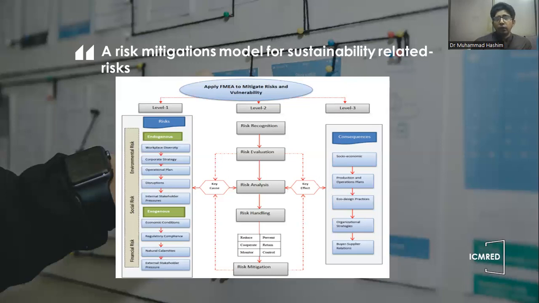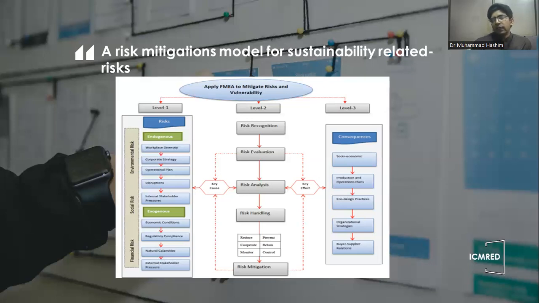Further, if we talk about the endogenous risk, here we categorize into further subtopics such as workplace diversity, corporate strategy, operational plan, occupations, and external stakeholder pressures. Furthermore, the exogenous categories we divide into economic condition, regulatory compliances, natural calamities, and external stakeholder pressures.